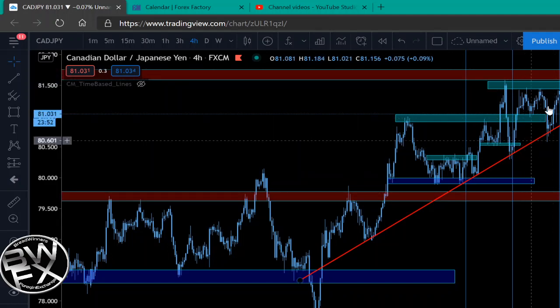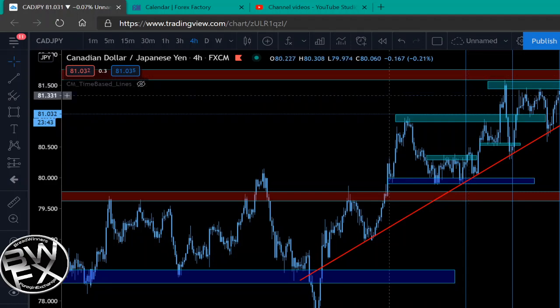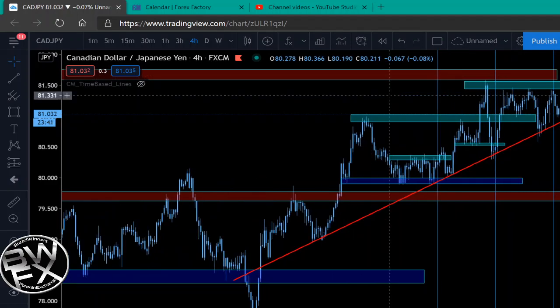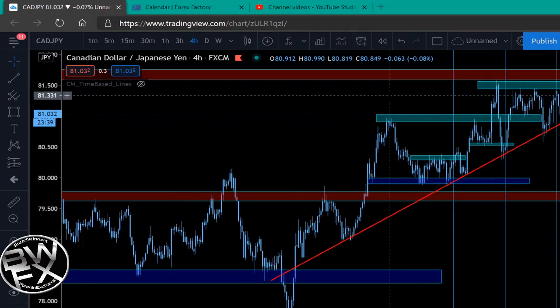Or you can just wait for this level to be broken, pull back to this level, see some rejection at this level, and then you can continue to take it up. Let's see what we'll possibly be taking it to if it does break this level.